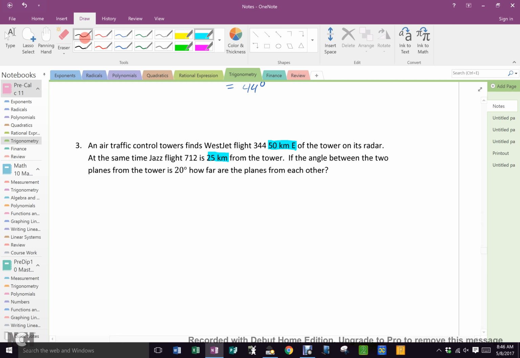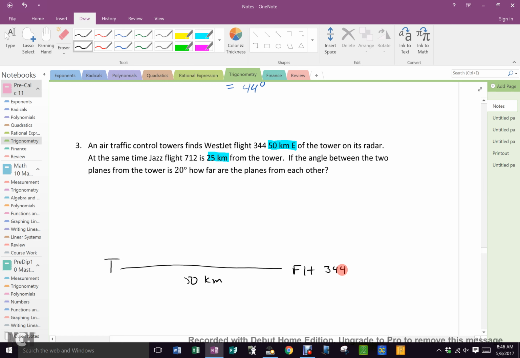So I should start with the tower, shouldn't I? There's my tower. Where is Flight 344? How do we usually draw east? To the right. 50 km. And here is Flight 344, yeah?